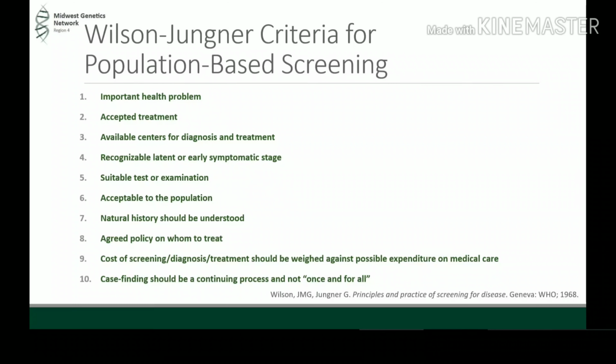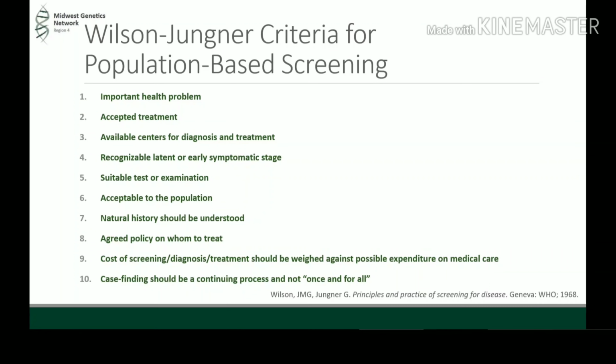So the 10 criteria from the World Health Organization are listed here. So to summarize, obviously I'm not going to go through all of these, but in order for a disorder to be considered appropriate for population-based screening, the disorder should be, of course, of clear medical consequence and have an effective treatment.